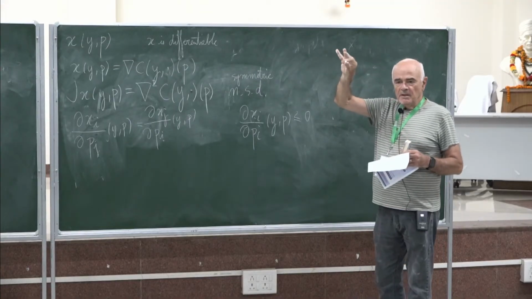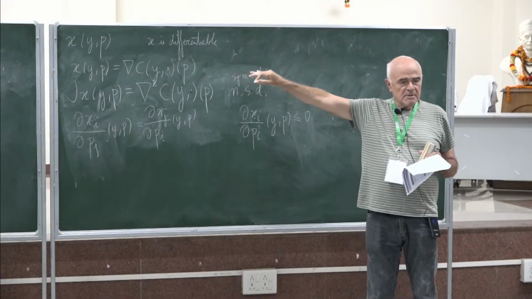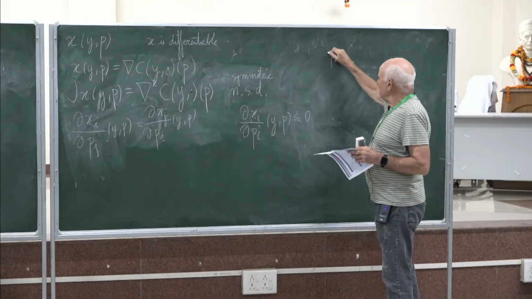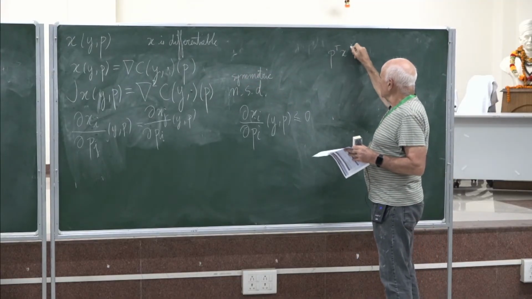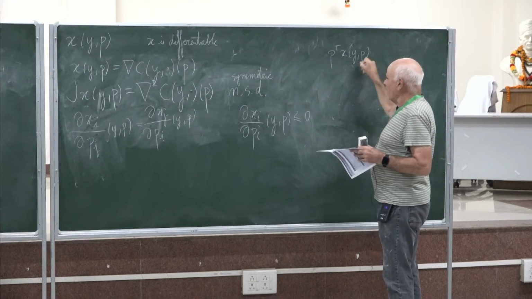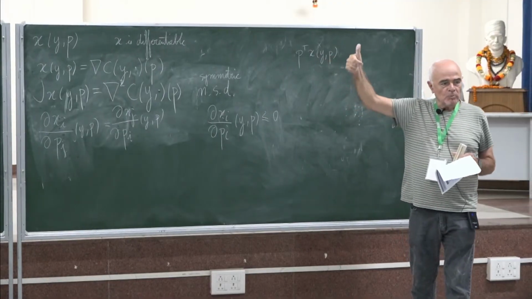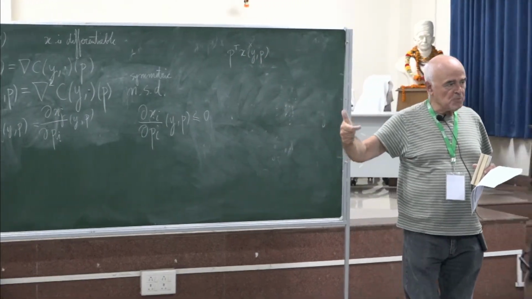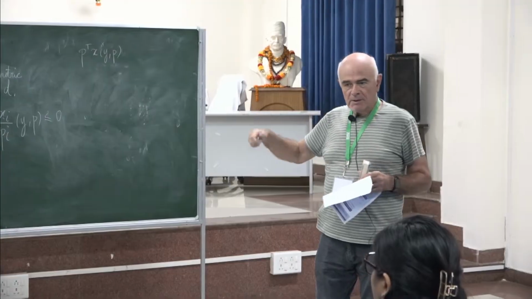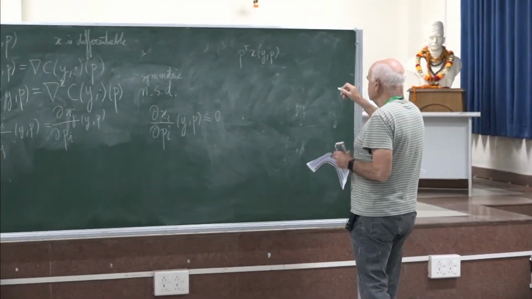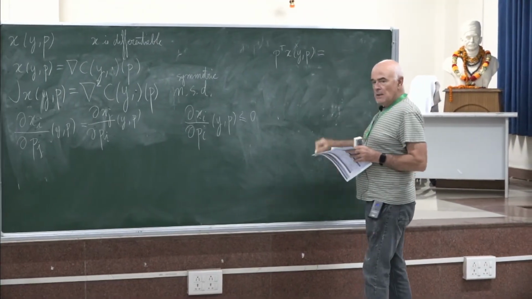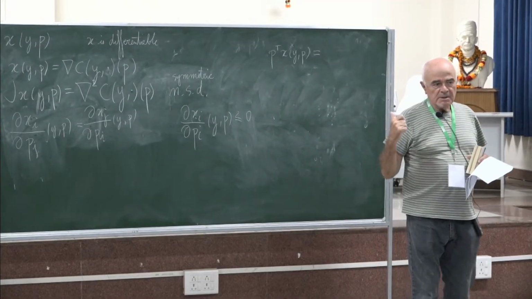Instead of the inner product of p and x, I will write p transpose x of y, p. Okay? So everything is a column vector and T denotes transpose. So this is the inner product. Can you tell me what this is equal to?